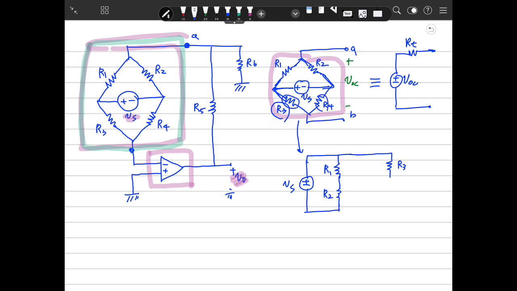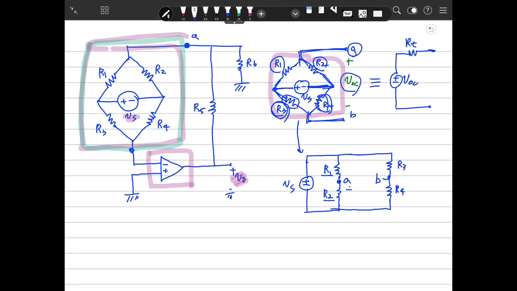Also, R3 connects with R4, and R4 is connected to the minus. A is the point between R1 and R2. So this is A. And B is between R3 and R4. So this is B.